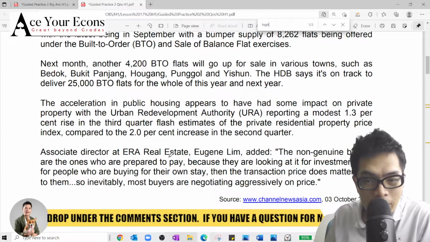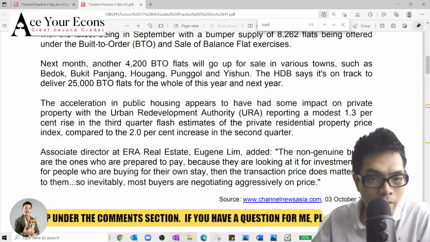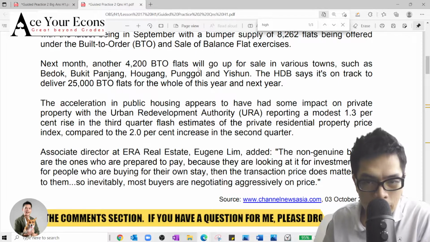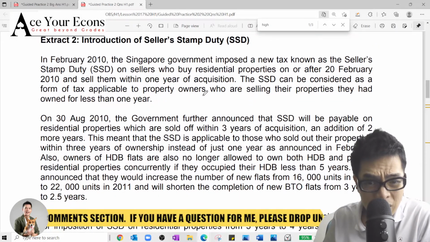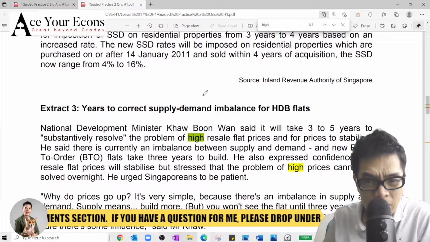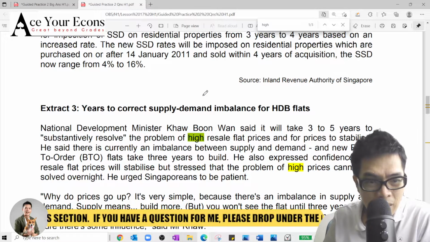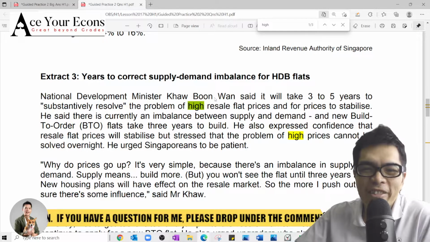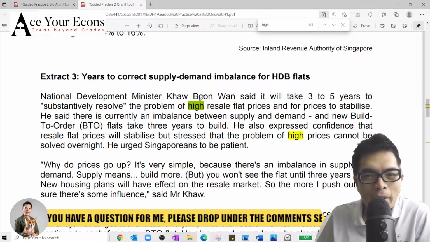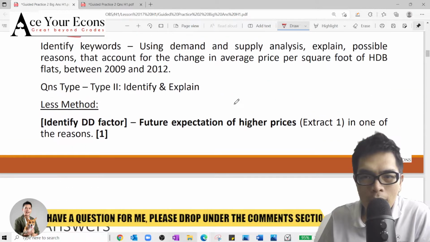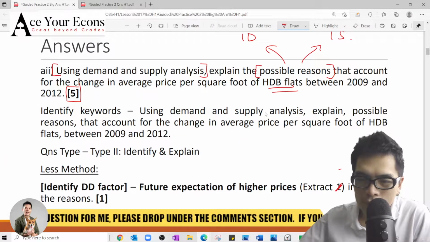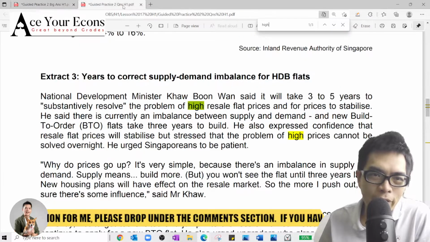Most buyers are right, so we can actually infer here. Is it inference? Oh yes, see here. Extract 3, I'm so sorry. Extract 3, not extract 1. Maybe I'll cancel this. Extract 3. Yeah, it's right in front of me.